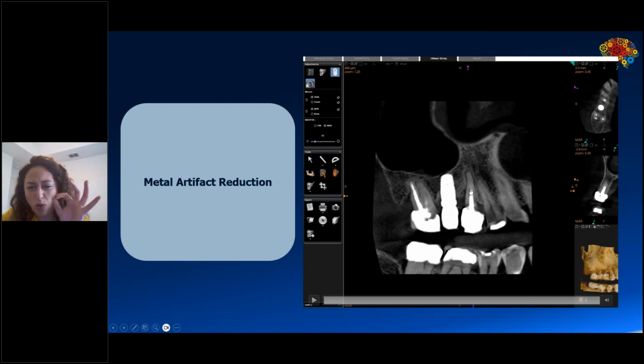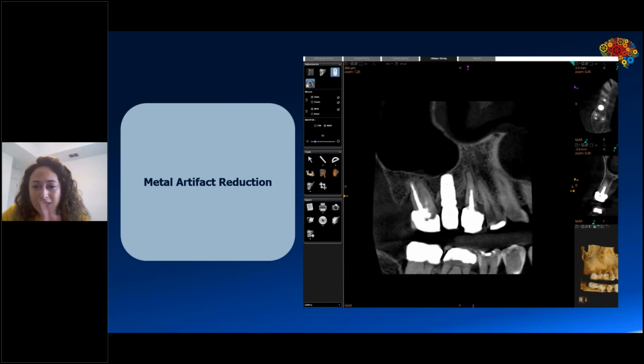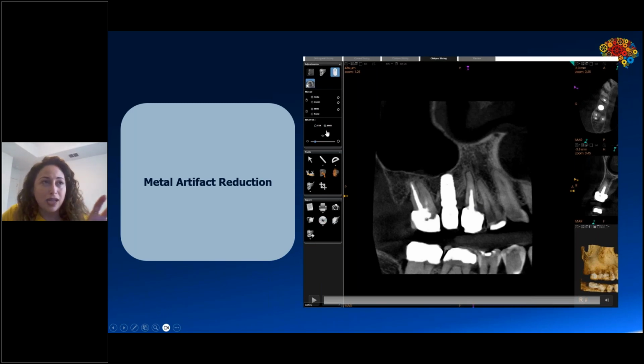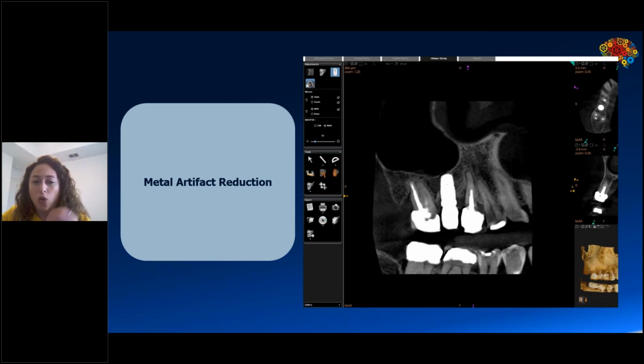So if there's a small thin fracture line, there is a possibility that that filter will hide it. And this is one of the features that I love most about this software, because it's patented by Carestream. So go back and forth and see what the actual scan looks like, and then what the scan with the MAR filter looks like.